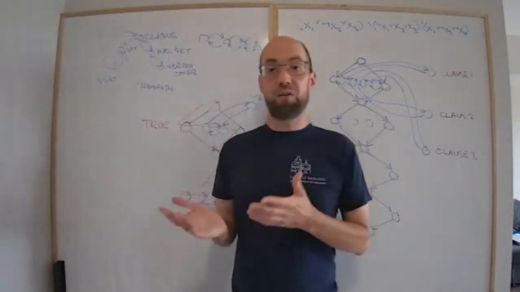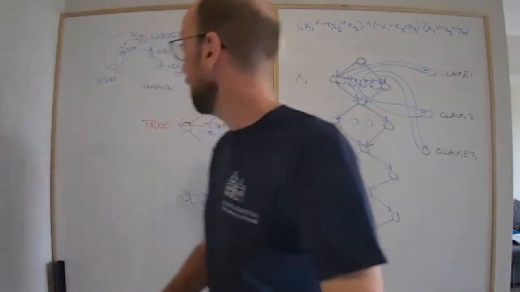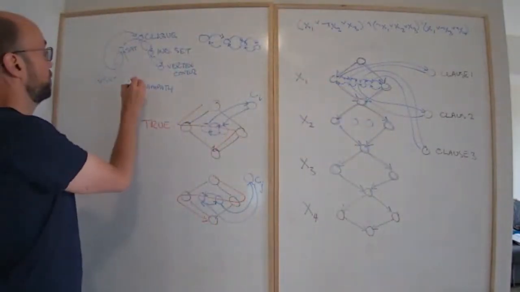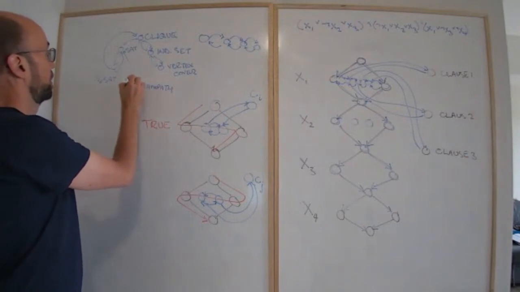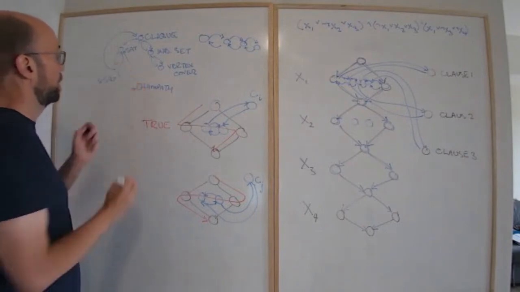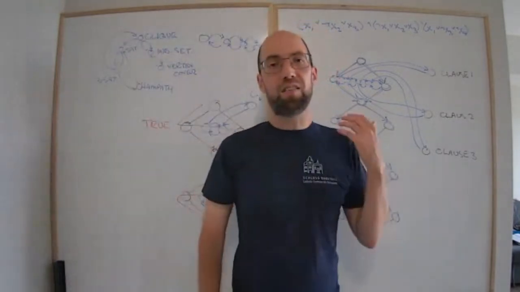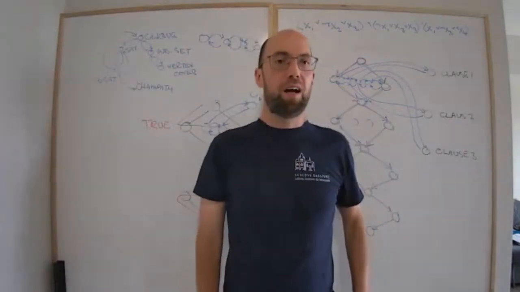So that's how you can take Hamiltonian path and reduce 3-SAT. 3-SAT reduces to Hamiltonian path.